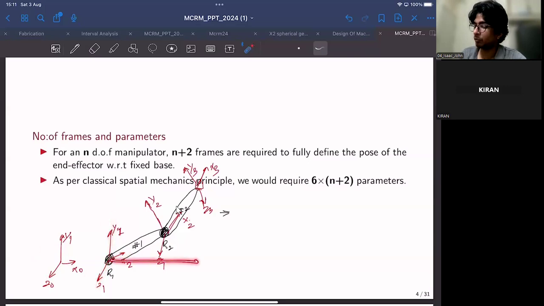It can translate along 3 directions. It can also rotate about 3 independent directions. So considering all the frames, you would require 6 times n+2 parameters for a robot as per classical mechanics. Each of these frames will have 6 degrees of freedom, so n+2 frames will have 6 times n+2 parameters.